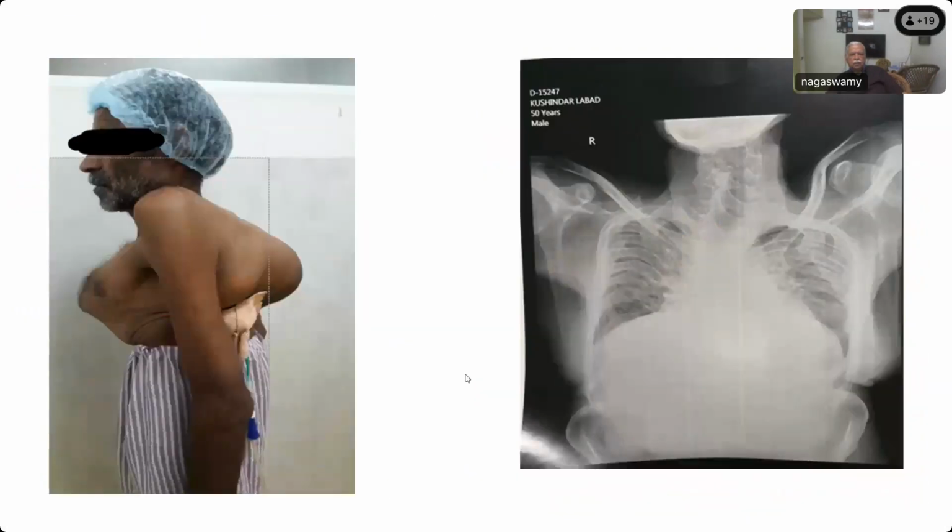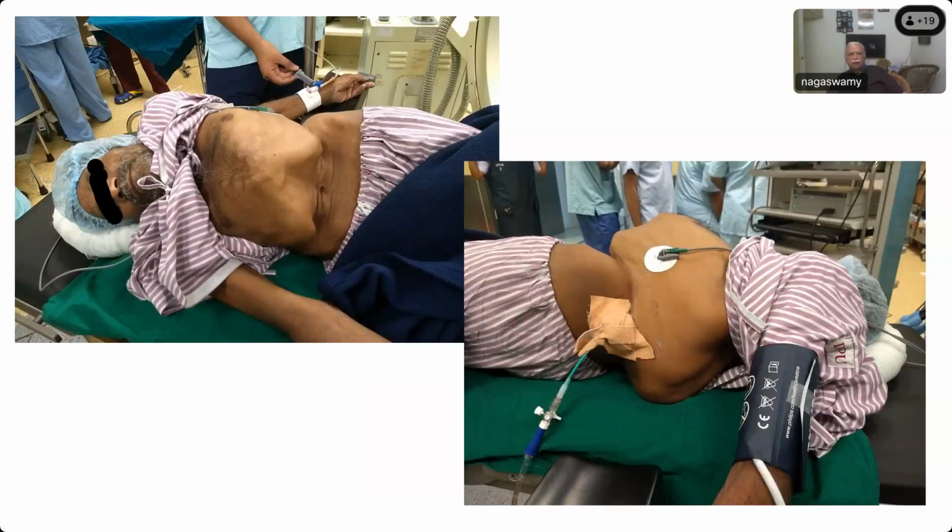This is one case which I did before I stopped my practice 2 years ago, where I had to give anesthesia for a PCNL, that is percutaneous breaking of the stone. The patient was positioned like this, induced, and then we did it under GA.